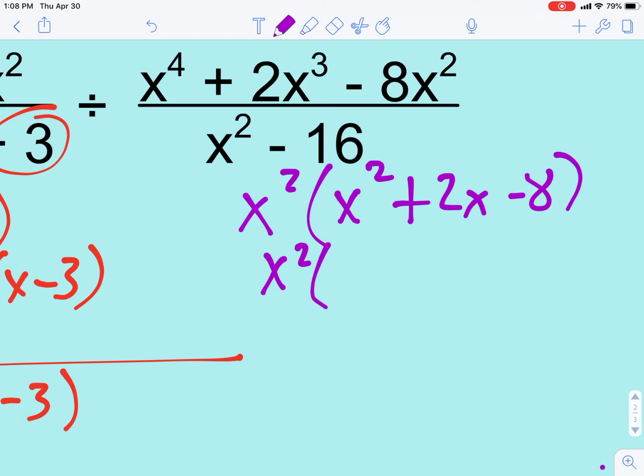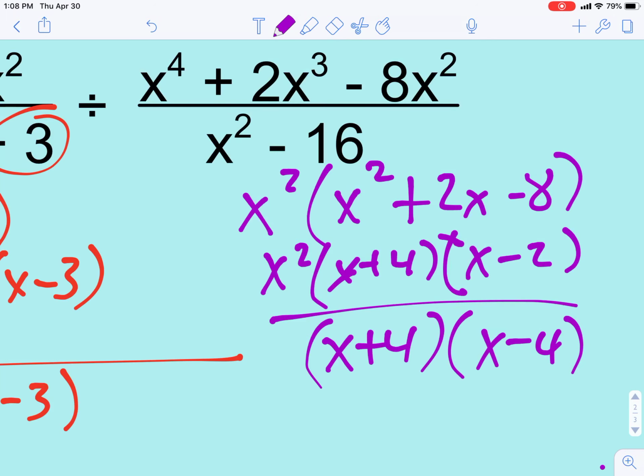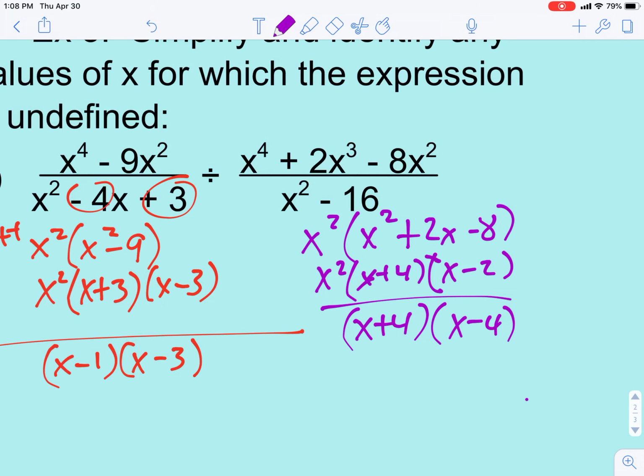And then a factor pair of negative 8 that adds up to get positive 2 would be positive 4 times a negative 2. And then the bottom is x plus 4 because it's a difference of squares, x minus 4. Okay, so this is what we're looking at right here.